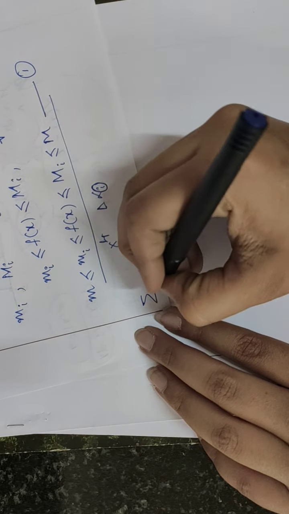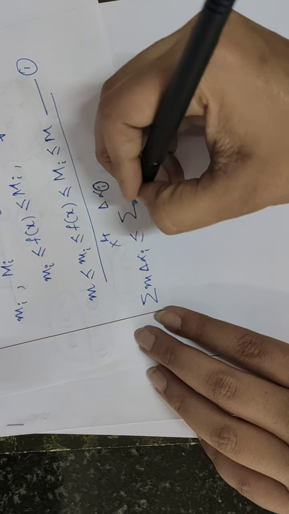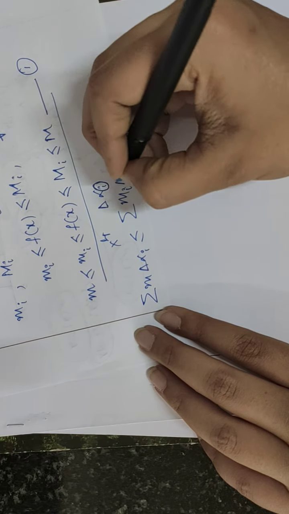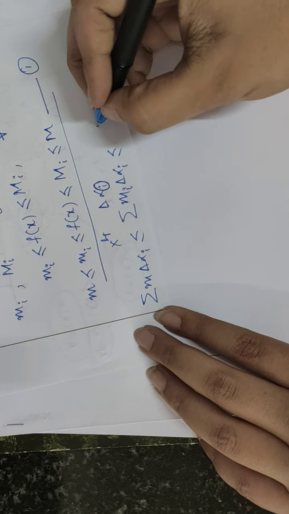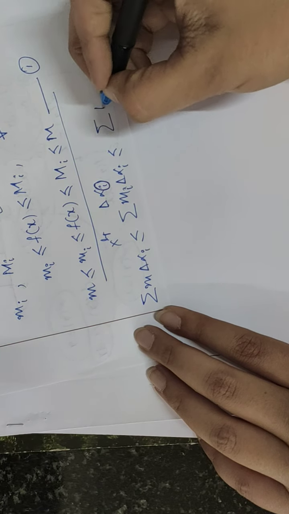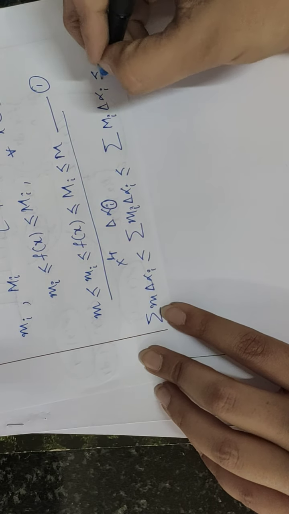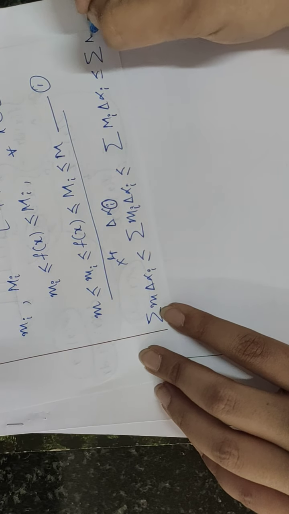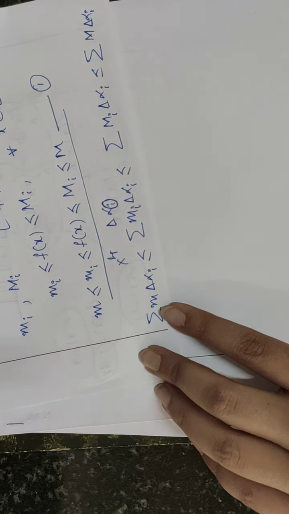So I will be getting summation m into delta alpha i is less than or equal to summation mi into delta alpha i, which is less than or equal to summation capital Mi delta alpha i, which is less than or equal to summation capital M into delta alpha i. Right?